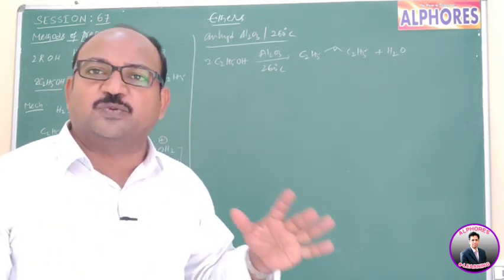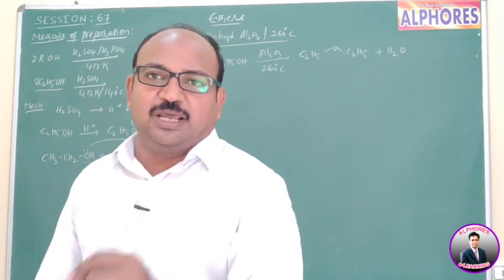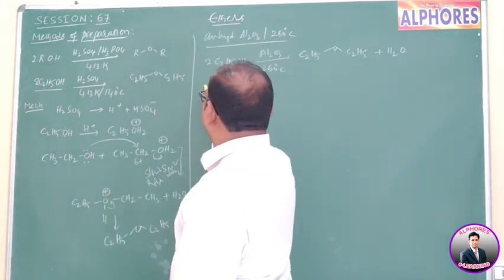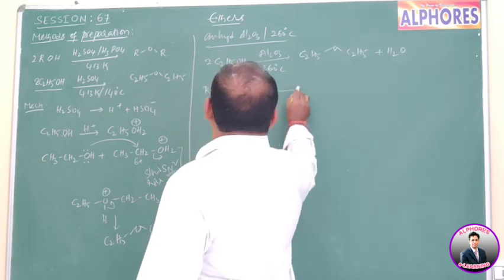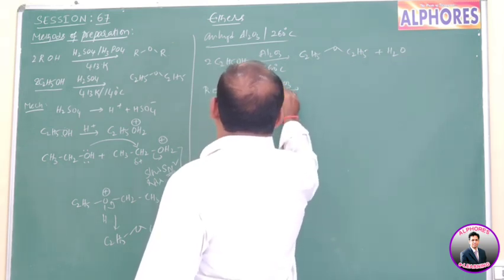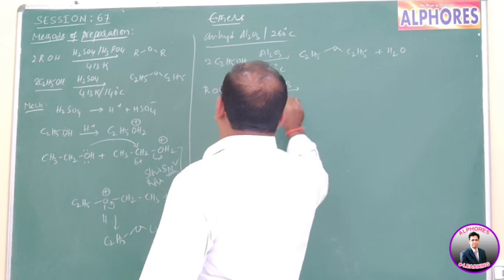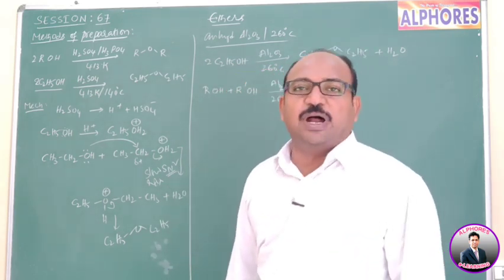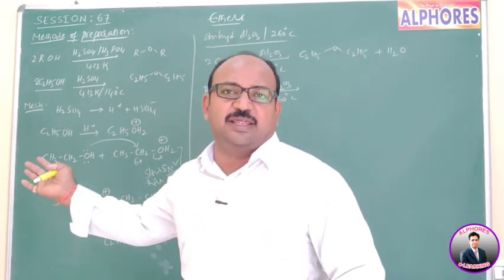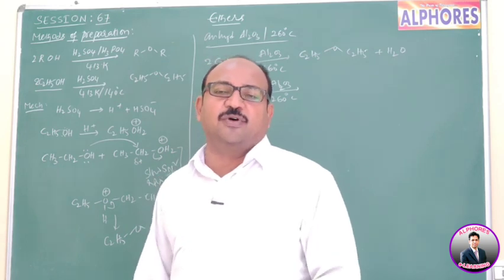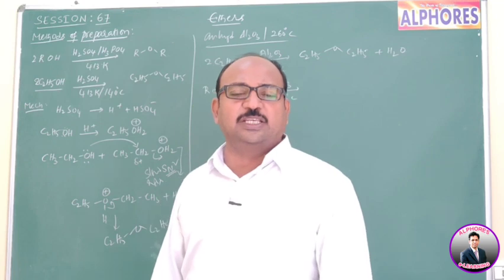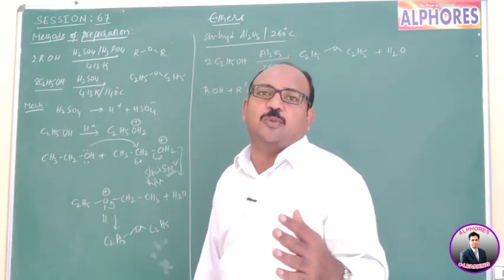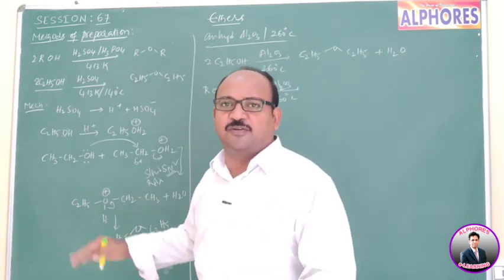Fine. If we considered two different alcohols, let us say ROH and another one R'-OH, upon heating with anhydrous Al2O3 at 260 degrees Celsius, what happened? Earlier I mentioned that there will be formation of carbocation. Of course, in case of primary alcohol, carbocation formation does not take place. So via formation of carbocation, that substitution we call SN1.